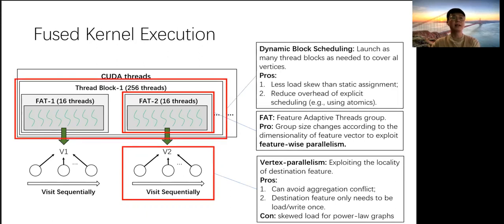We also propose dynamic block scheduling. Specifically, we launch as many thread blocks as needed, so that the number of FATs is no less than the number of vertices. This approach alleviates the workload skew compared with static assignment. It also reduces the cost of atomic-based dynamic scheduling.